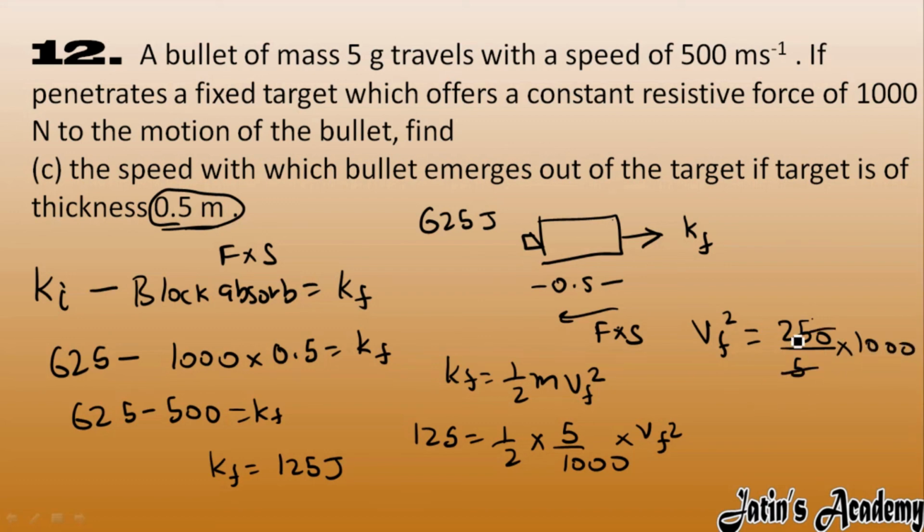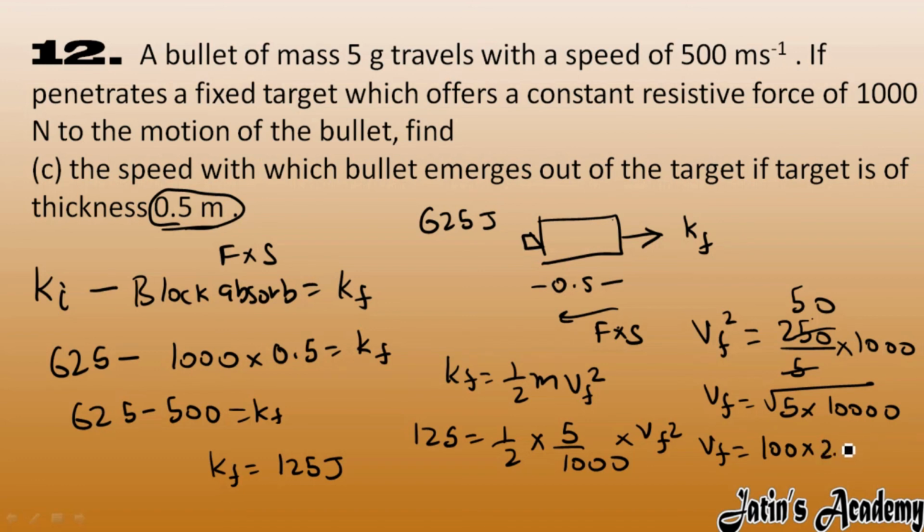So here it is 50 followed by 4 zeros; taking the root, 5 into 4 zeros, the 4 zeros come out of the root as 100, and the square root of 5 is basically 2.236. So now multiply, and the final velocity we got is 223.6 meter per second. This is the final velocity with which the bullet comes out from the block. Clear?